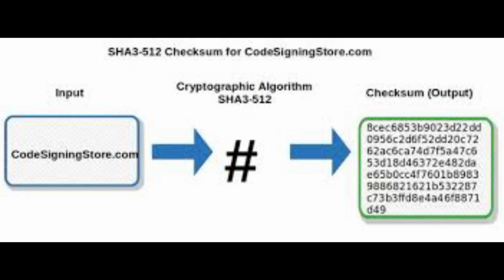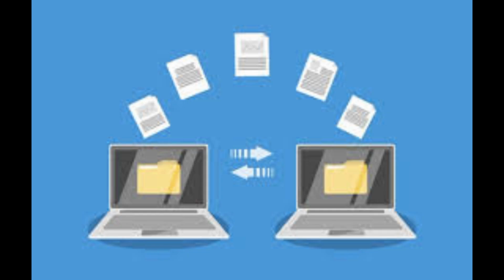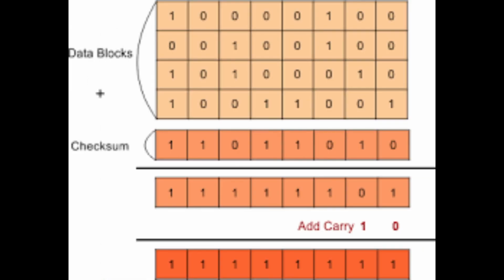A checksum is a mathematical value that is computed from the data in a file or a block of data. It's like a unique fingerprint for your data. When your data is transferred or stored, a checksum is generated for that data. This checksum is then transmitted or stored alongside the data itself.